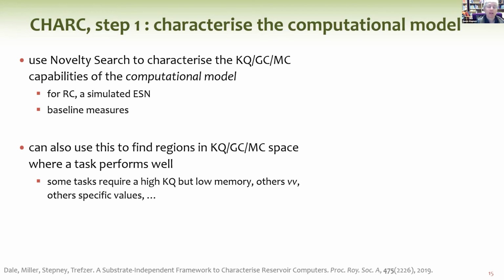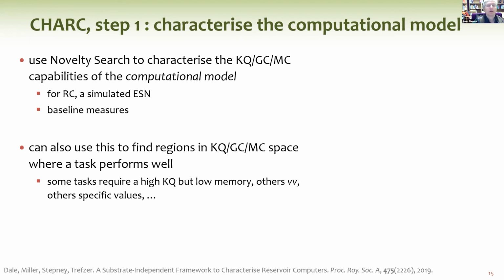So it's a purely exploration with no exploitation algorithm. And we use that to find out how much of this computational capacity space the actual echo state network itself can inhabit by fiddling around with the internal weights and various other parameters and so on.